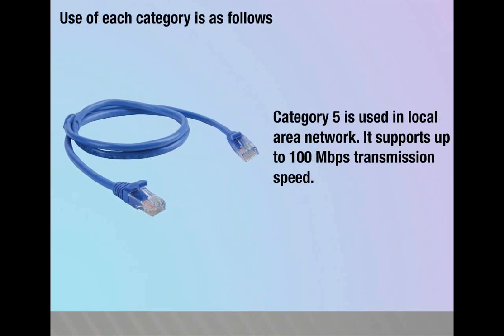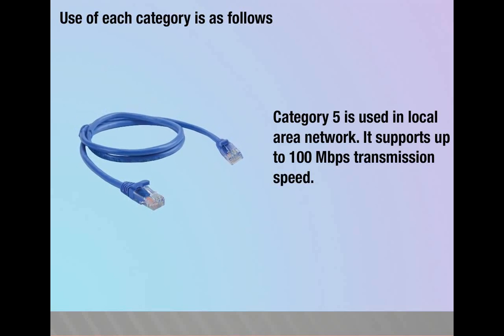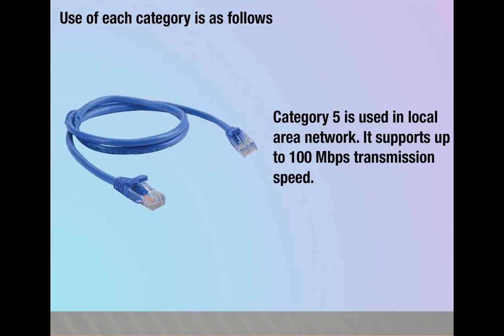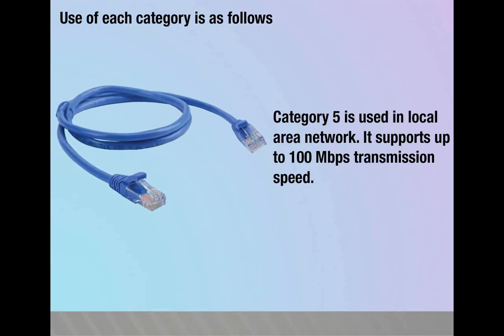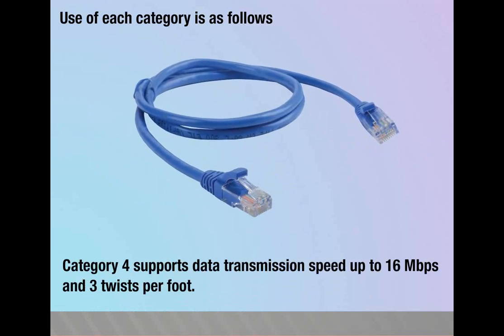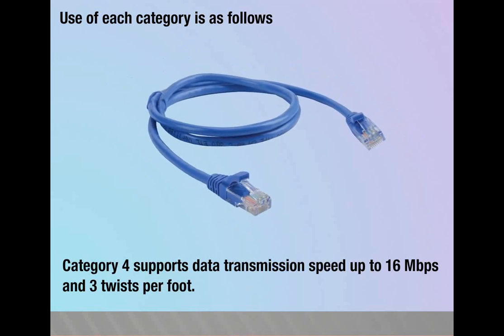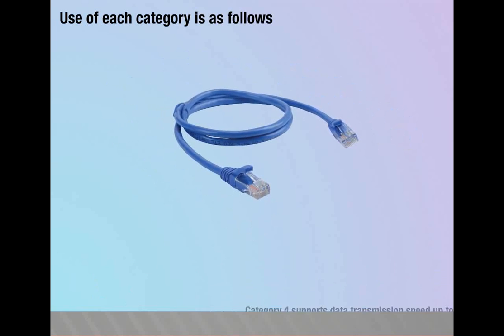Use of each category is as follows. Category 5 is used in local area network. It supports up to 100 Mbps transmission speed. Category 4 supports data transmission speed up to 16 Mbps and 3 twists per foot.